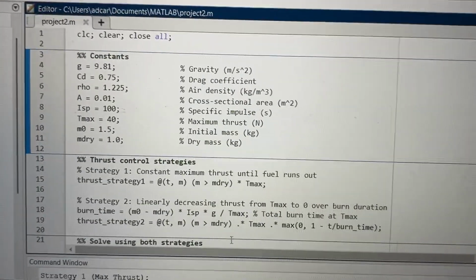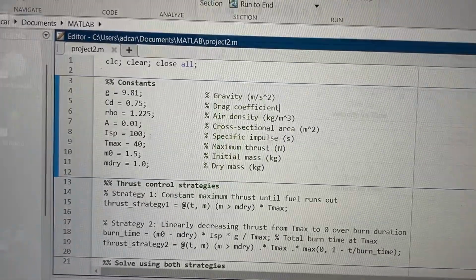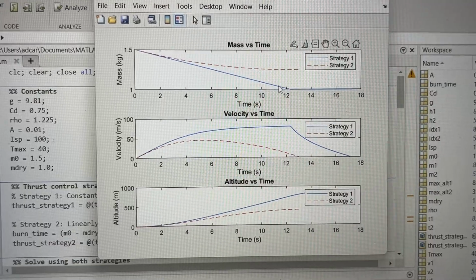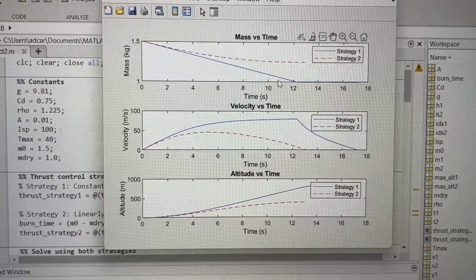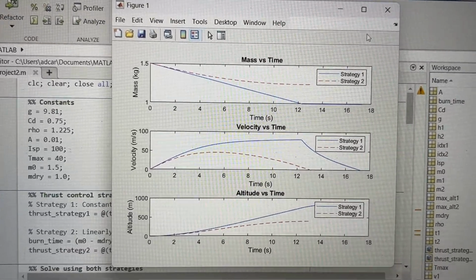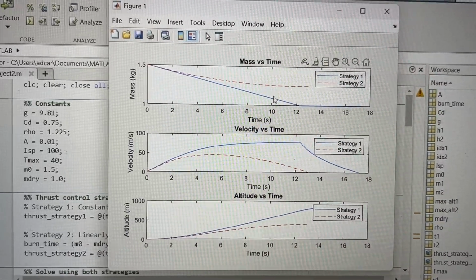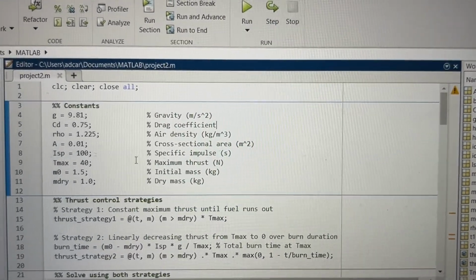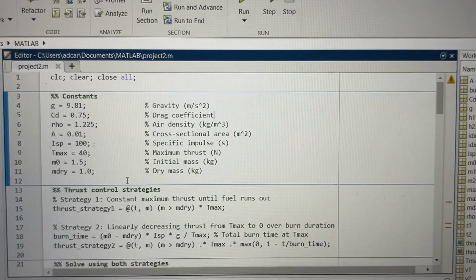And then using the graphs, you can see the mass over time never goes below the dry mass.